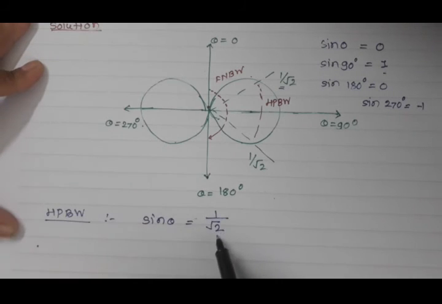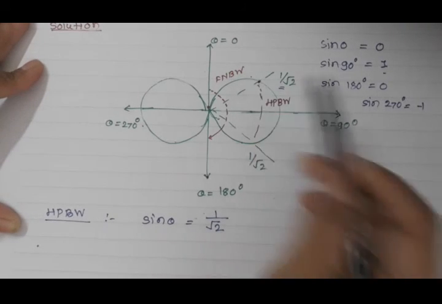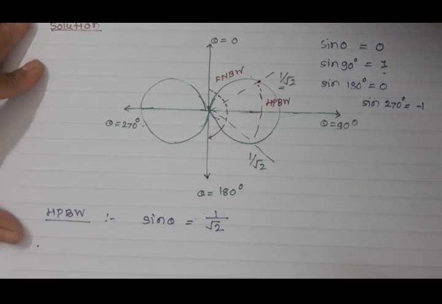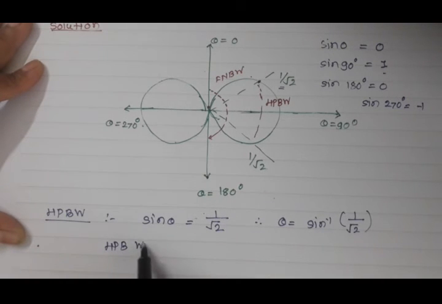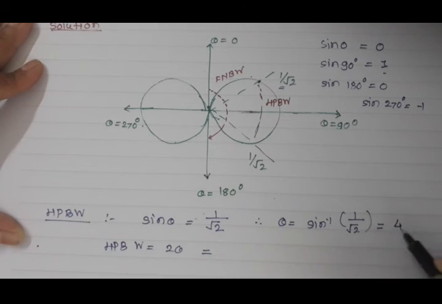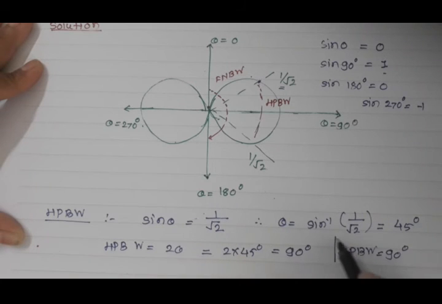If I get this value, I observe that my power reduces to half, that is 0.707 of the maximum. So theta will be sine inverse of 1 by root 2, which is 45 degrees. The half power beam width is twice theta, this plus this, so it will be 2 into 45 degrees, which is 90 degrees. So the half power beam width for this antenna is 90 degrees.